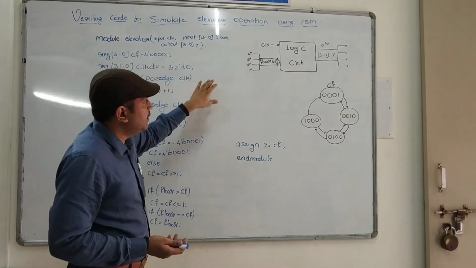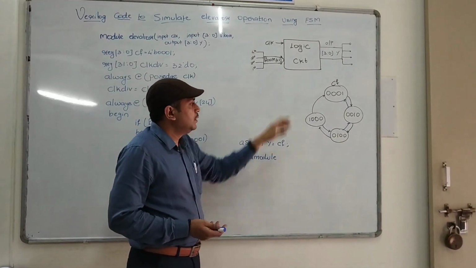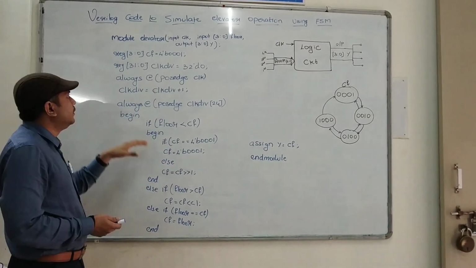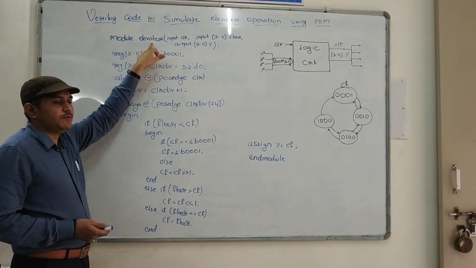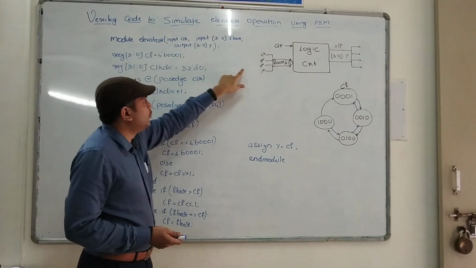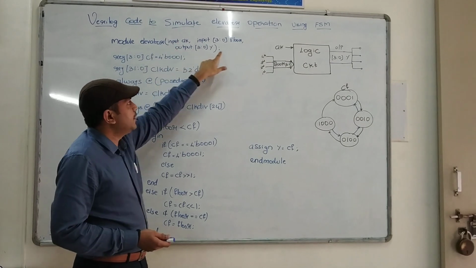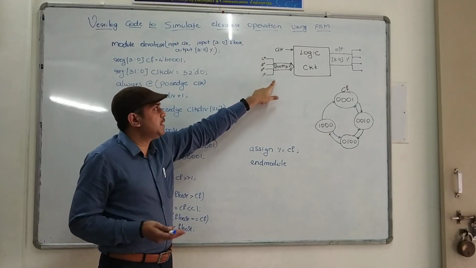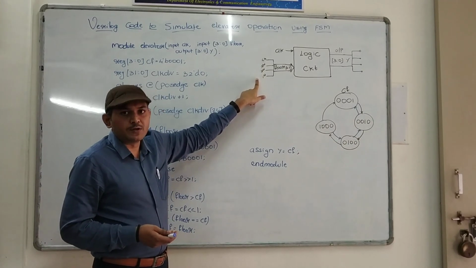So let's understand this operation using the program I have written. Module elevator is the name of the module here. Input, as you can see, there are only 2 inputs: one is clock and the other one is floor. Which floor will be given by these 4 toggle switches.